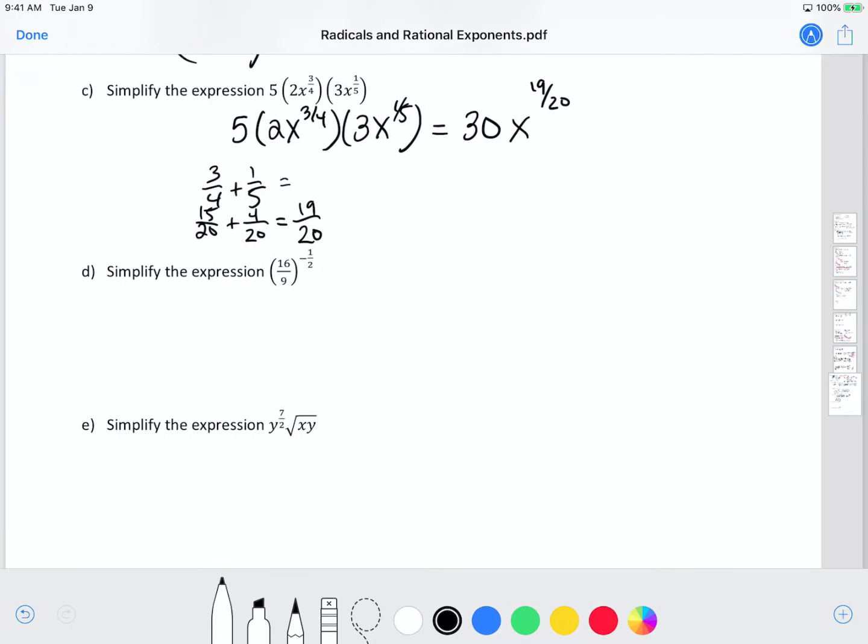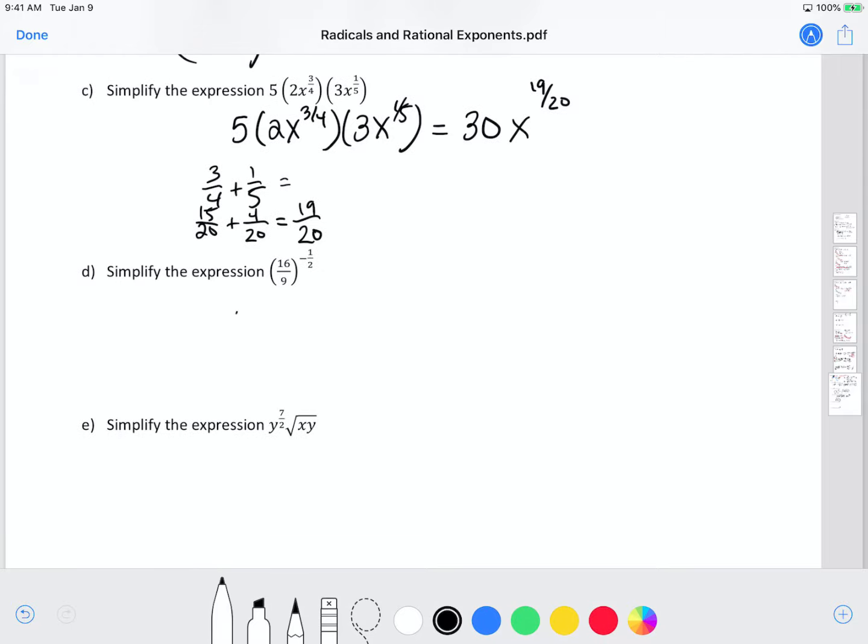Okay, in example D, we're going to simplify 16 over 9 to the power of negative 1/2. Now remember, negative exponents means you can get rid of the negative exponent and make it positive by taking the reciprocal of the base. So I'm going to rewrite this as 9 over 16 to the positive 1/2.